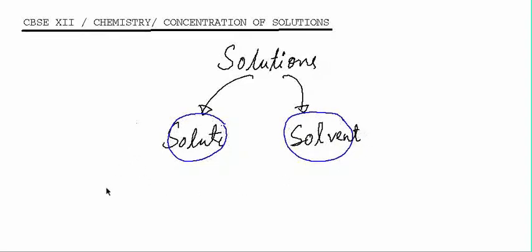So when we prepare a solution, we add some amount of solute to solvent. Now expressing that is known as concentration. How much amount of solute is added to how much amount of solvent. So that is the way we express the concentrations.